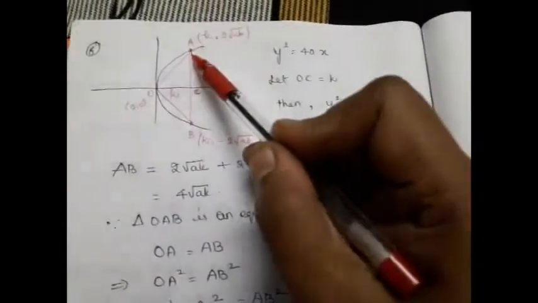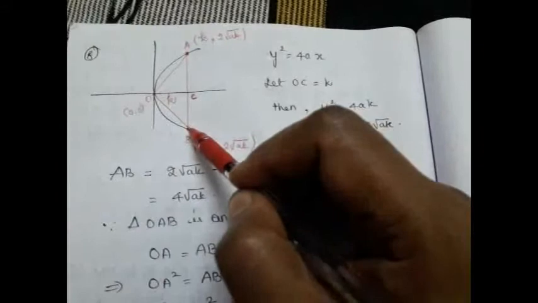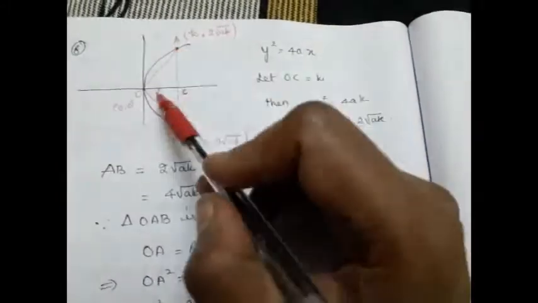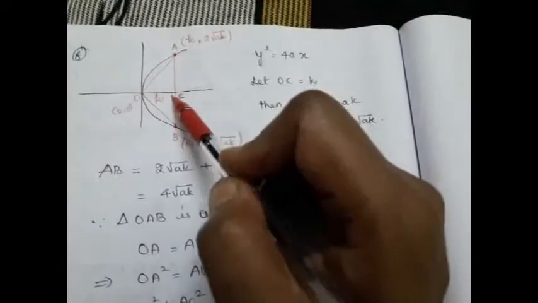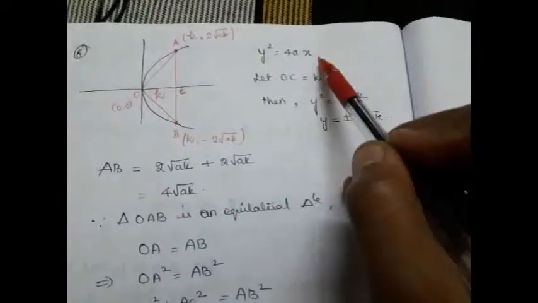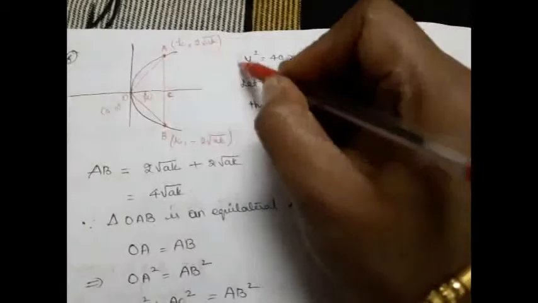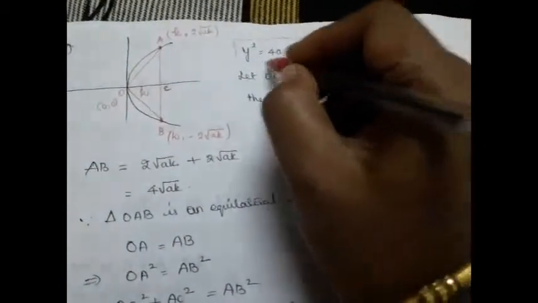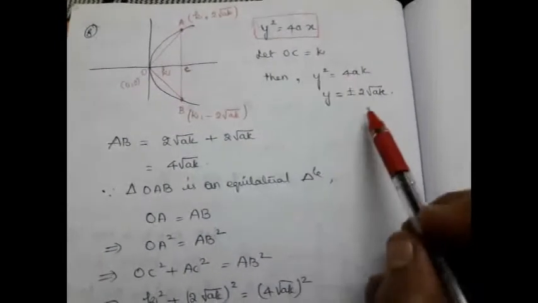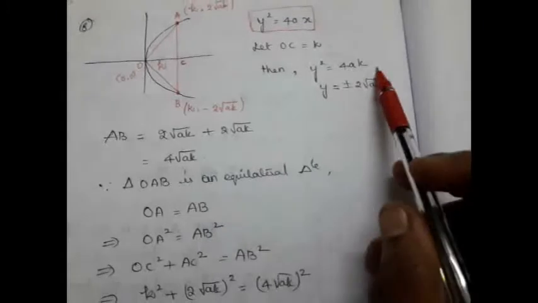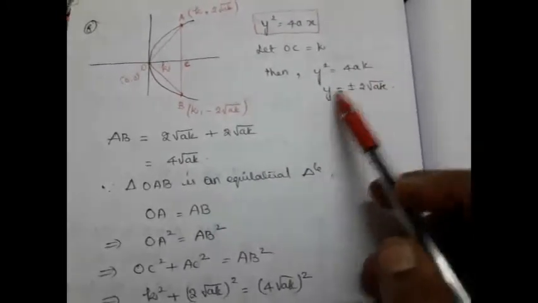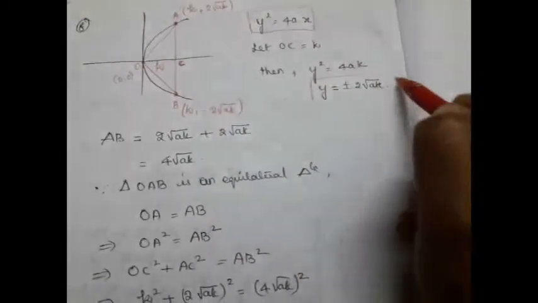Therefore, what will be the coordinates of A and B now? This length is k. So at x equal to k, let us find what y will be by substituting in the equation, because it is clearly given the equation of the parabola is y square equal to 4ax, right? So if we put x equal to k, y square equal to 4ak. So y is equal to plus or minus 2 root ak, right?